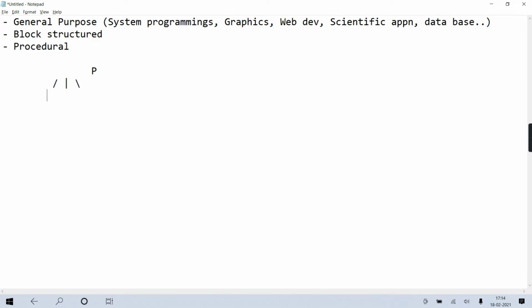We'll call them problem 1, problem 2, problem 3, and for each problem you can write a block. Procedural depends on the block concept only. You can remember it this way: every procedure is a block.